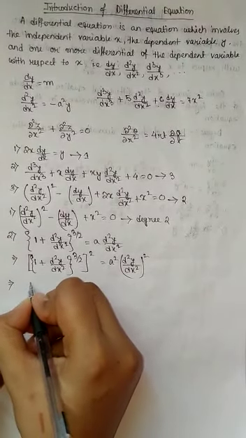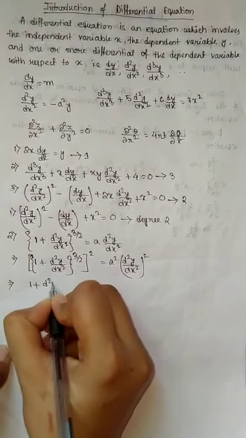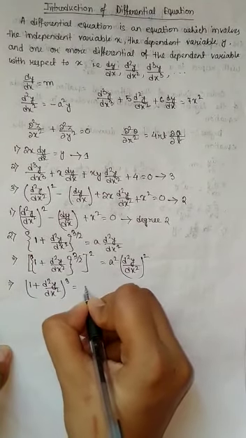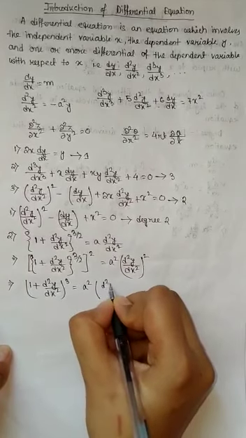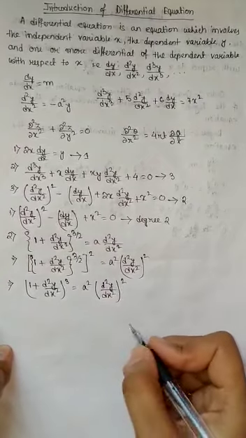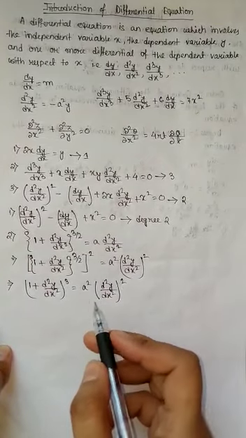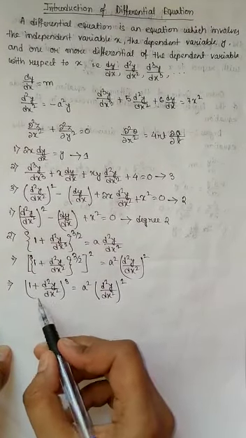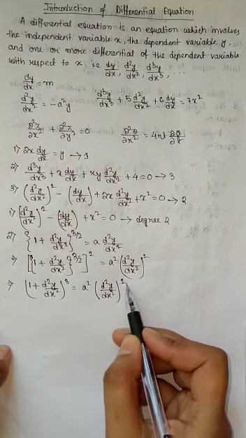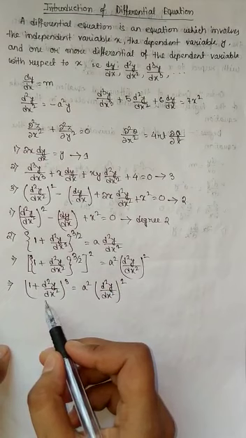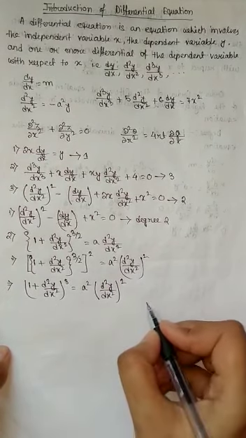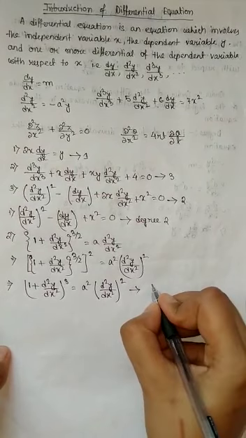So the power of d2y/dx2 is 3 and the power of d2y/dx2 here is 2. So the highest power among these is 3. Hence this is a differential equation of third degree.